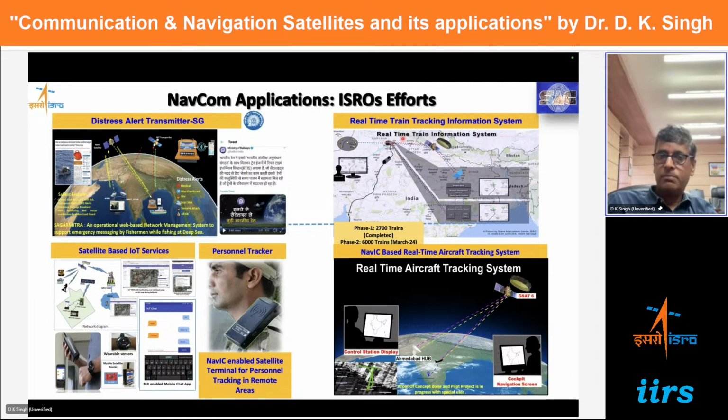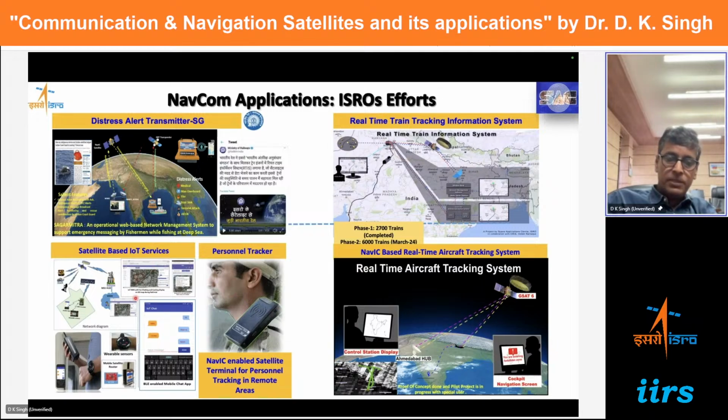Railways has deployed real time train tracking information, which uses the navigation satellite along with our MSS GSAT-6 satellite, and with this they are tracking more than a few thousand trains as of now. And the same system has been experimented with for real-time aircraft tracking.